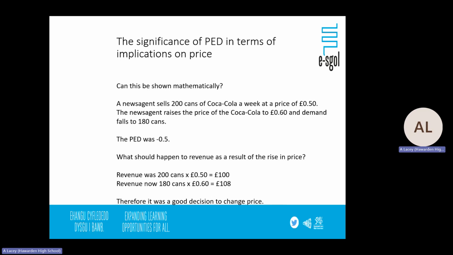So they're actually making more money even though demand has dropped. They're making £8 more than they were previously when they were selling at 50p. So as a business decision, even though the demand for cans has gone down slightly, you are still making more money. So that was a good business decision.